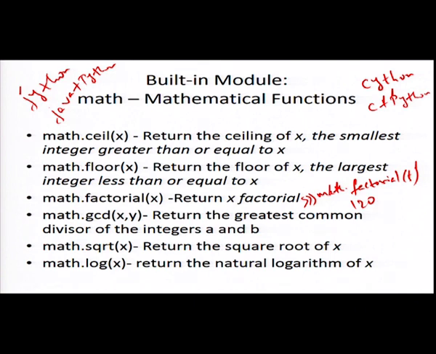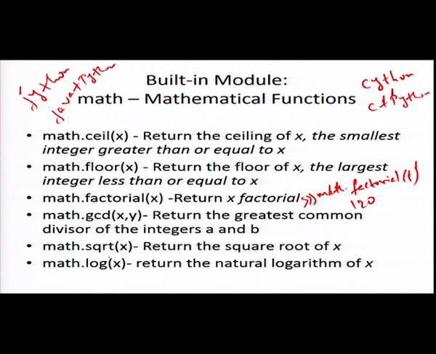Similarly, math dot gcd of x comma y, where gcd denotes greatest common divisor, returns the greatest common divisor of the integers a and b. For this you would write a very lengthy program in other languages, but that is not the case with Python.